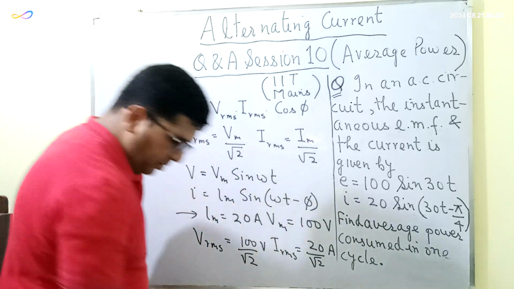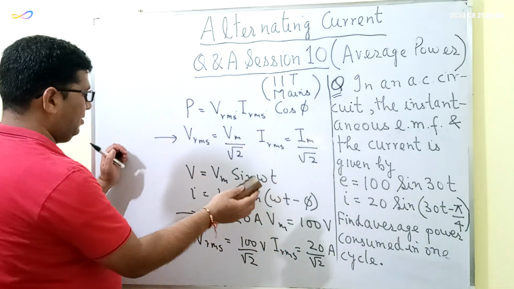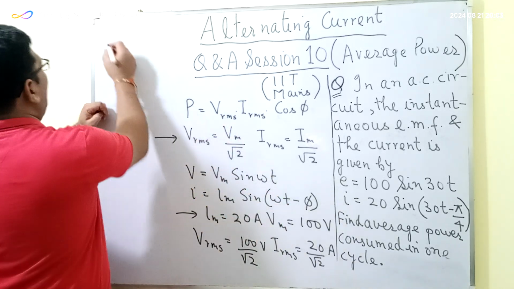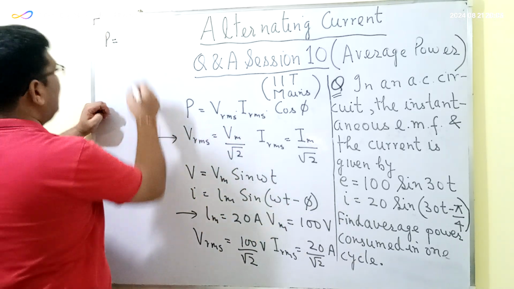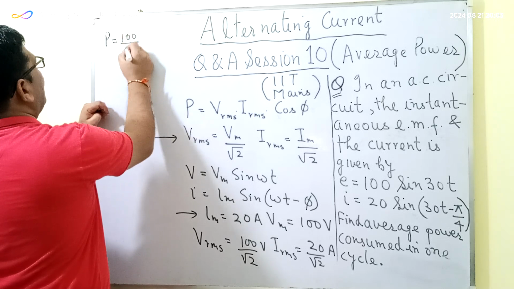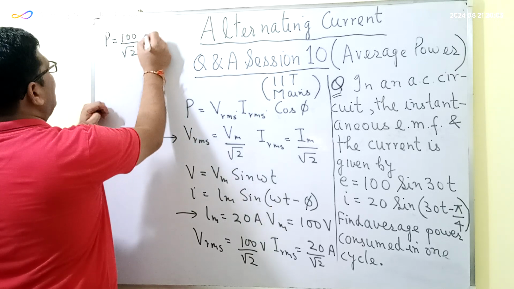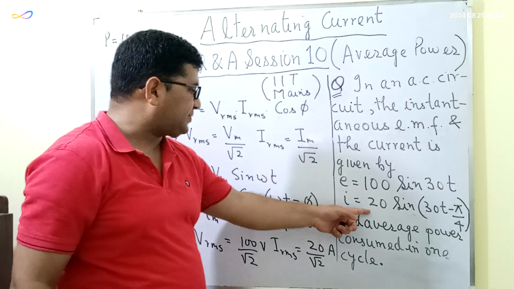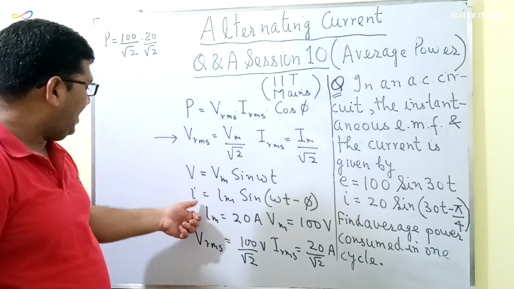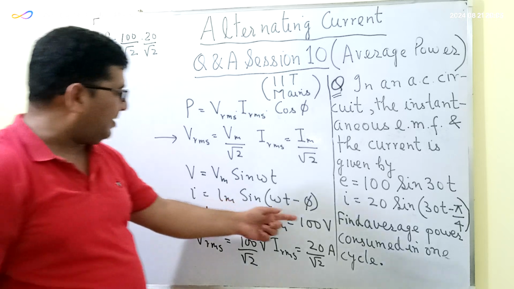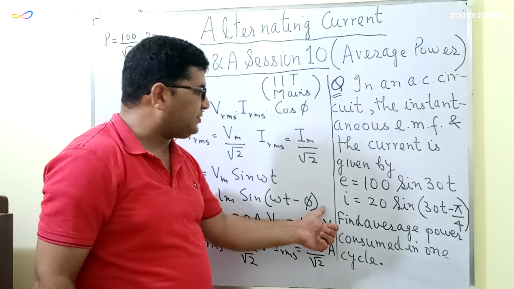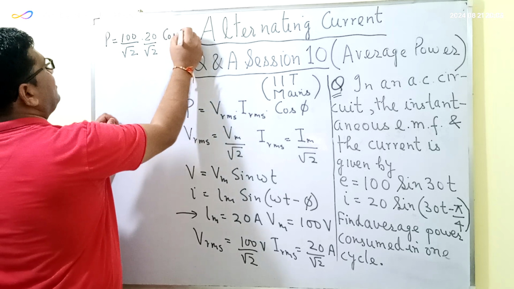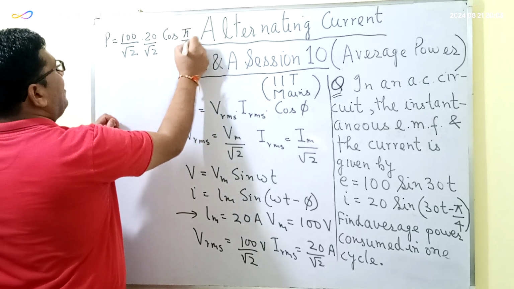So this average power P will be equal to 100 upon root 2 into 20 upon root 2, and if I compare this equation with I is equal to Im sin(omega t minus phi), we see here that phi is equal to pi by 4. So this will be multiplied by cos pi by 4.